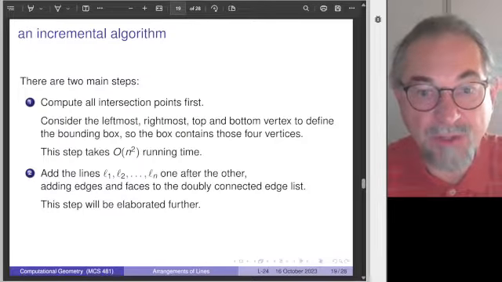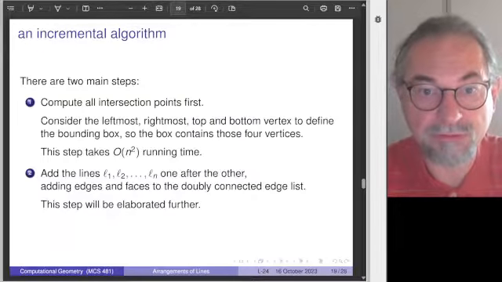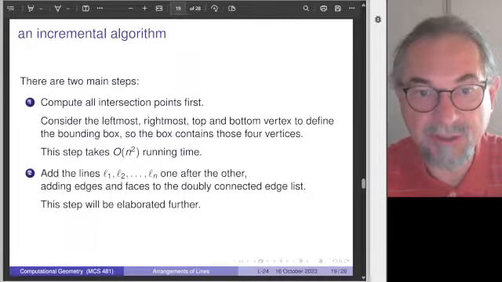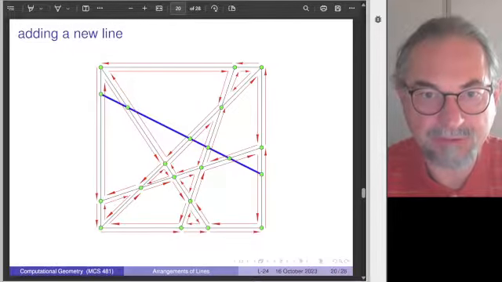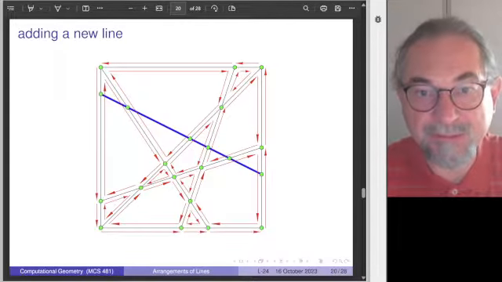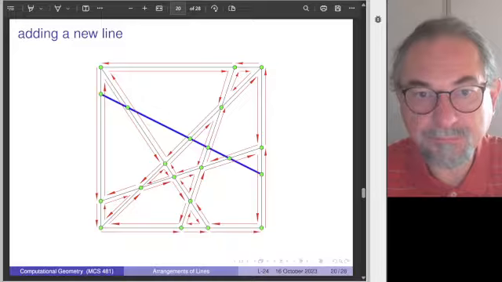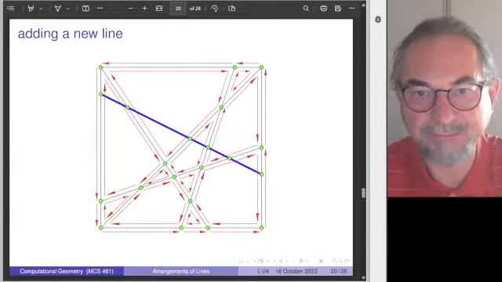If we are interested in a good algorithm, then step 2 should not take more time than n square. So we add the lines one after the other and update the doubly connected edge list. How does this work? Here you see a picture. We have an extra blue line coming in.